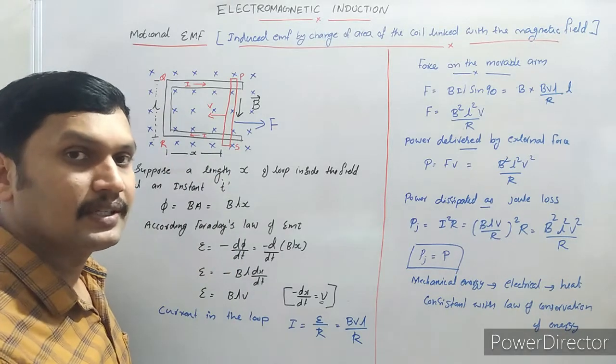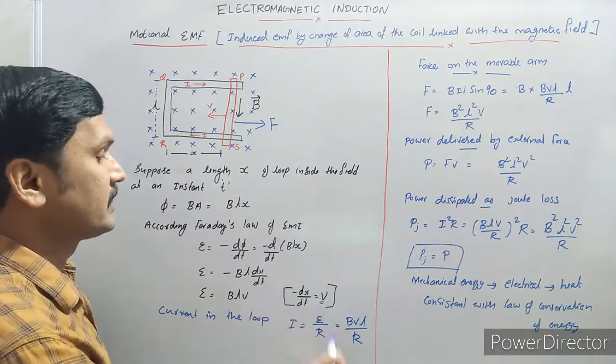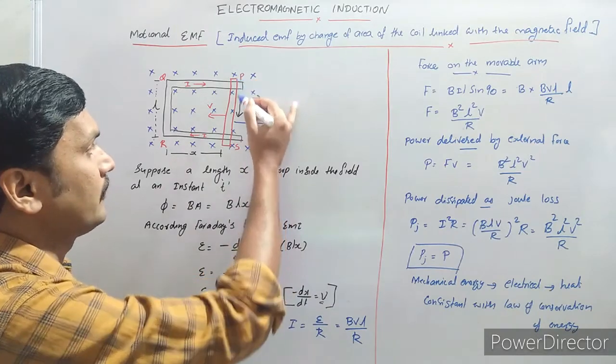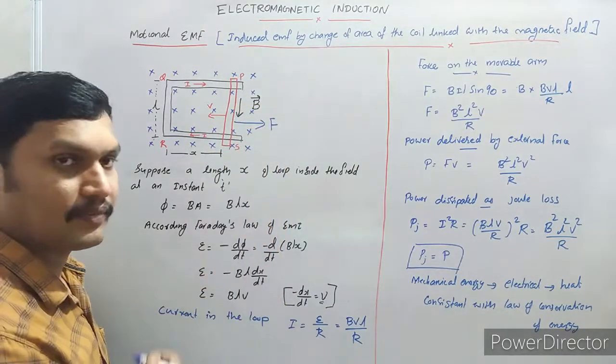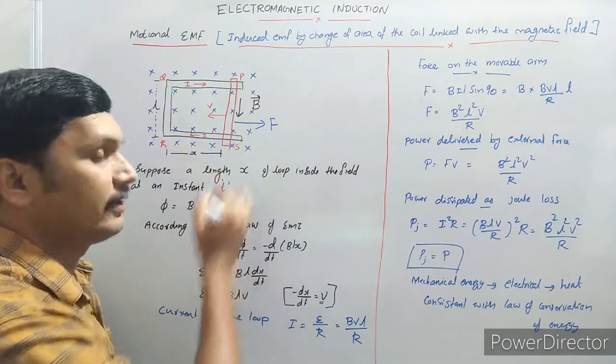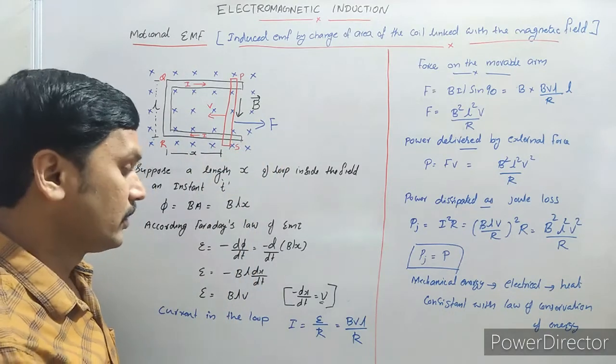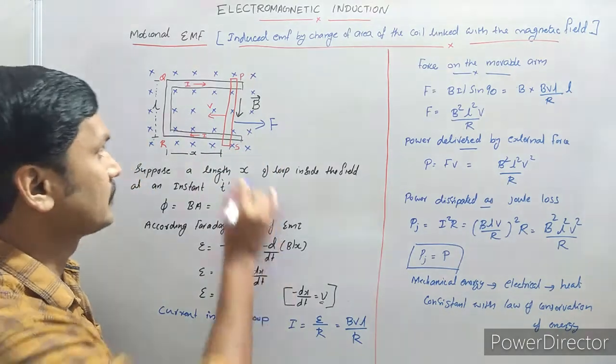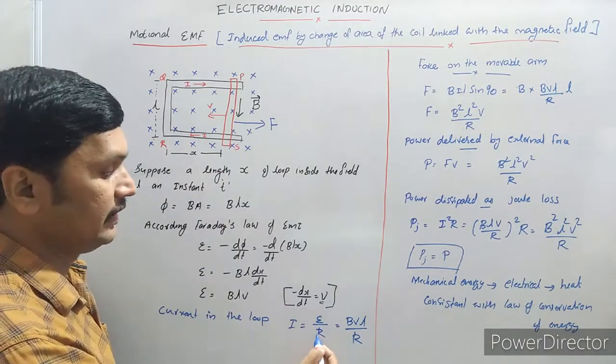For our convenience, we take R as the resistance of this conductor of length L, that is PS, and the rail has very negligible resistance. So we can approximately write the current through this loop as I equal to E by R.